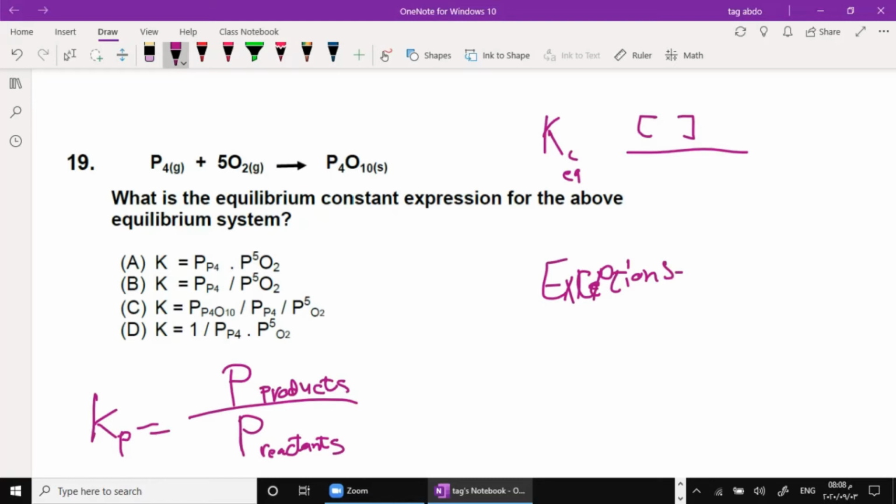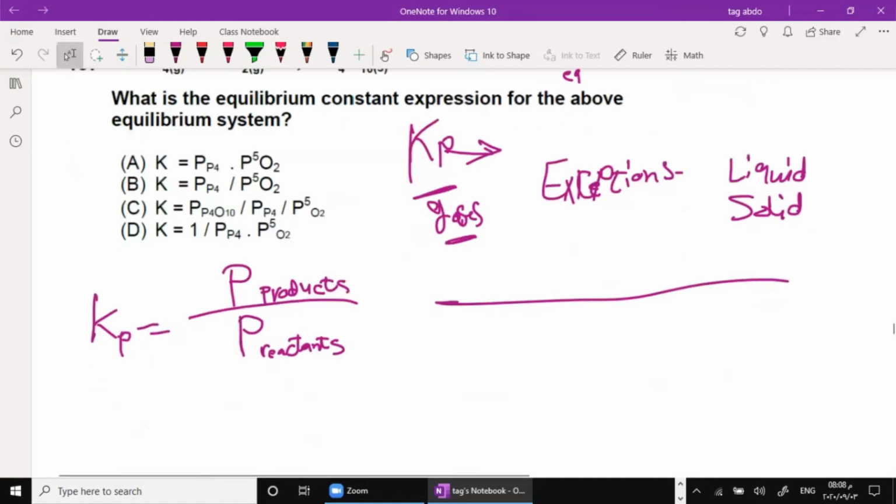In case of Kp, we calculate for only gases, so the exceptions will be liquids and solid substances.